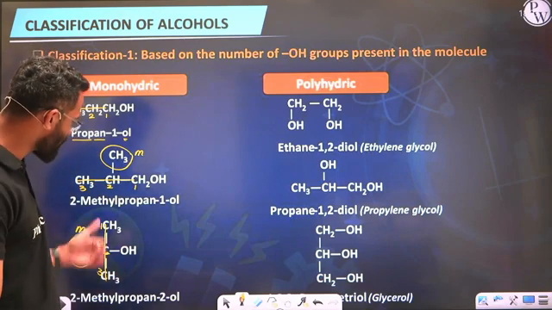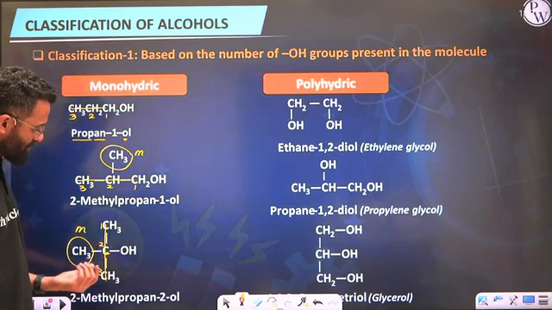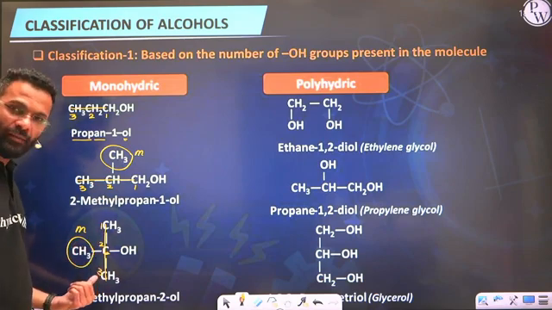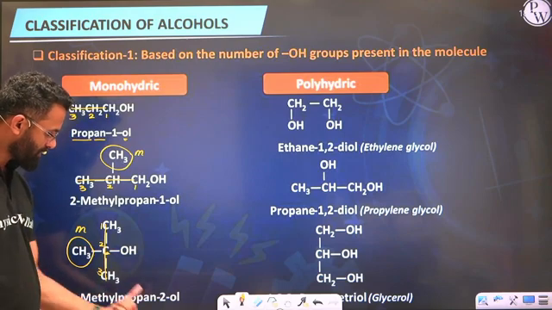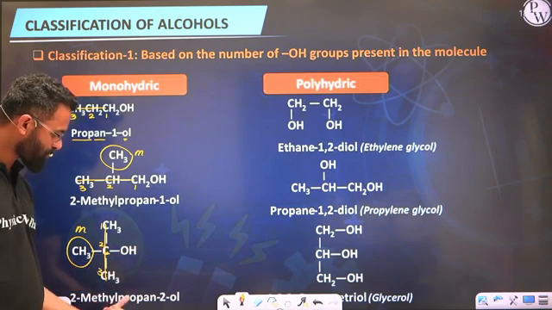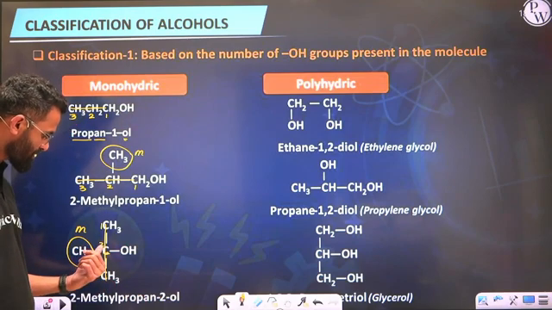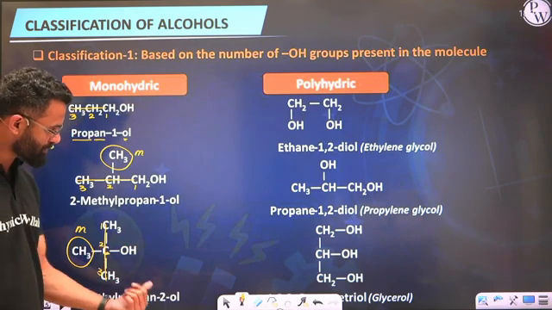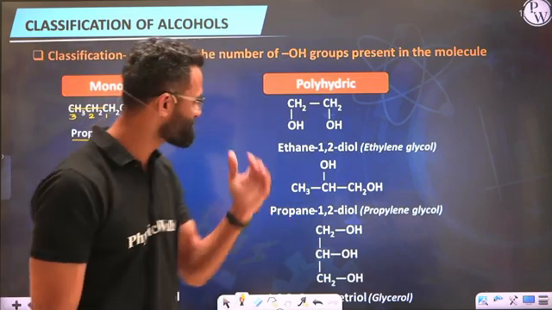And in that way of numbering, the substituent is also receiving the same number. Again, the total number of carbons in the parent chain is 3. So prop-an is your parent, propane. OH present at number 2. So propan-2-ol, having a methyl substituent also at number 2. So 2-methyl propan-2-ol is the correct IUPAC name of that particular compound.